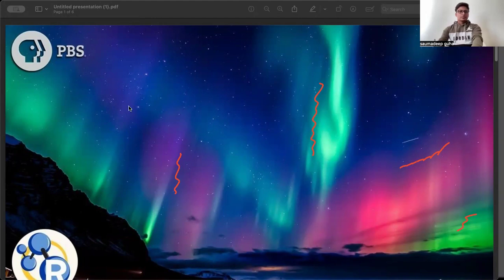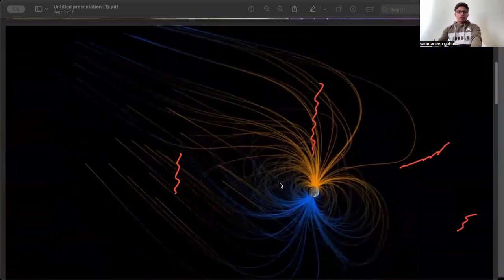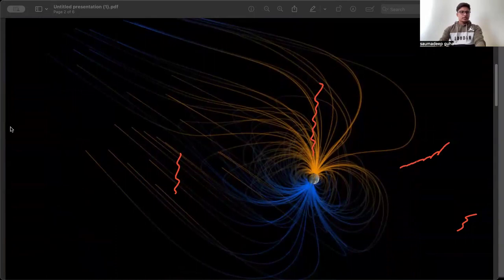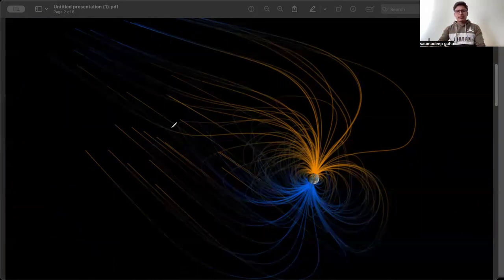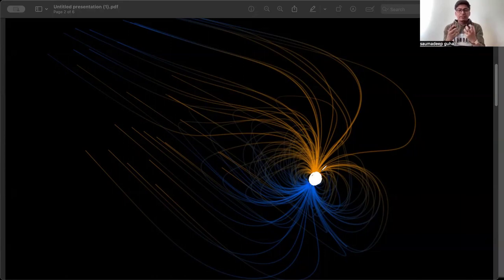Okay, so now let me just erase this. If we look over the Earth's magnetic field from a spectrum point of view, this is how it basically looks like. Now this image is a very famous image, and you must have seen these images all over the internet, right? So this is where the Earth is, and you can see the magnetic field lines, the representation or the simulation coming out from it.